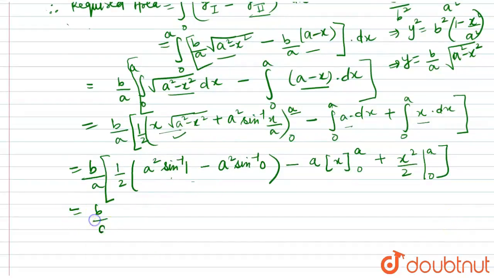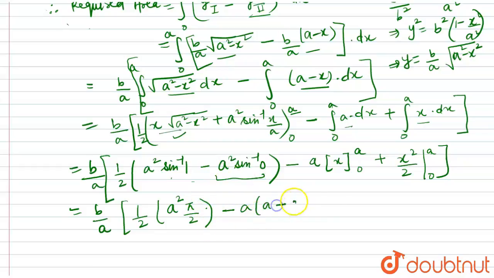So that would be b by a, half of, so sine inverse 1 is nothing but pi by 2, and this is 0 because sine inverse 0 is 0, and minus a times a minus 0, and then we have a square by 2 minus 0.